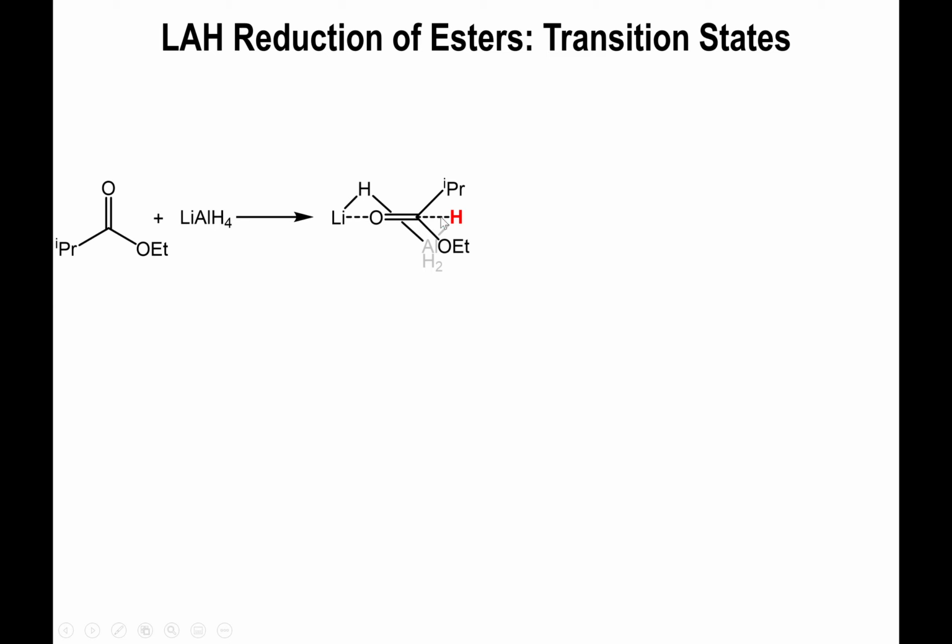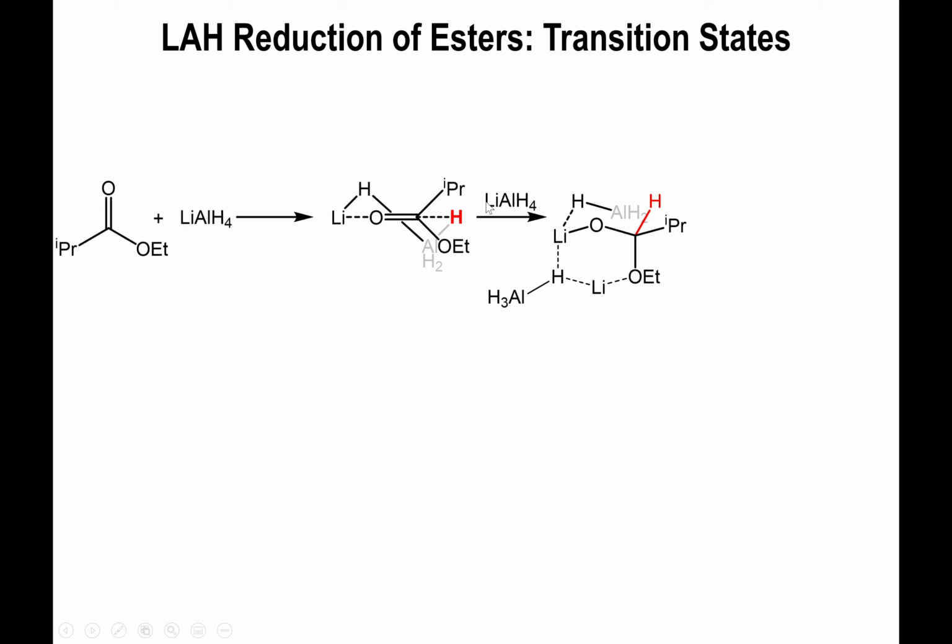The hydrogen is positioned very close to the carbonyl carbon. The lithium is interacting both with lithium aluminum hydride but also with the oxygen in anticipation of the formation of that negative charge. And then once that adds, what ends up happening is that you form your alkoxide, right? And that alkoxide is now associated with lithium.